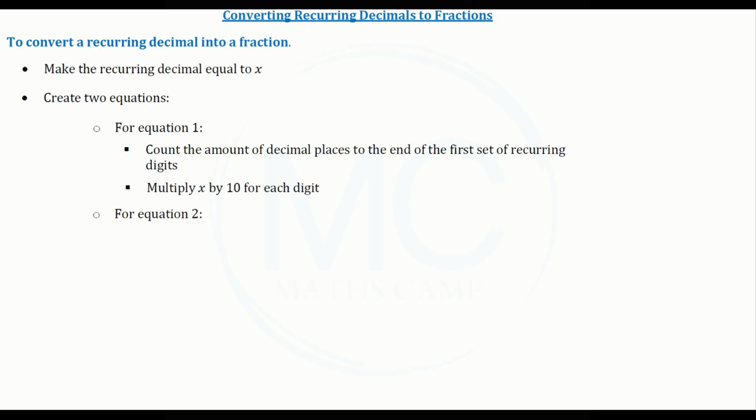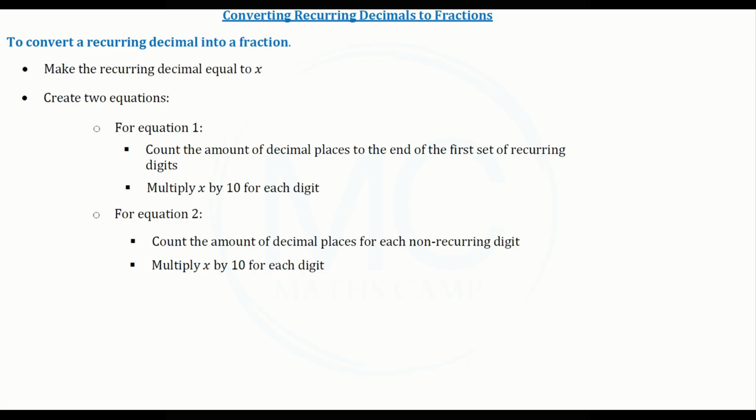For equation 2, we count the amount of decimal places for each non-recurring digit, and we multiply x by 10 for each of these digits. Finally, we can subtract equation 2 from equation 1 and solve for x. The aim here is to get rid of the recurring decimals so we can change leftover digits into a fraction.